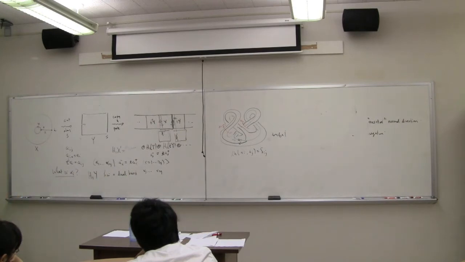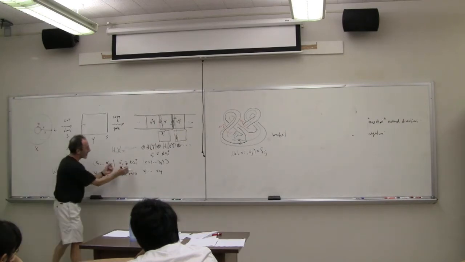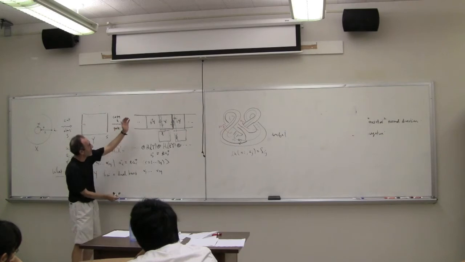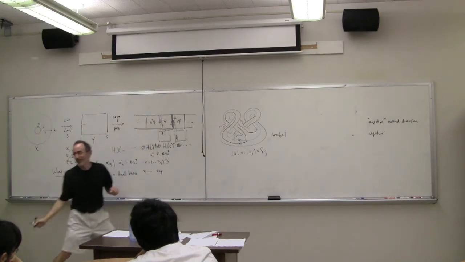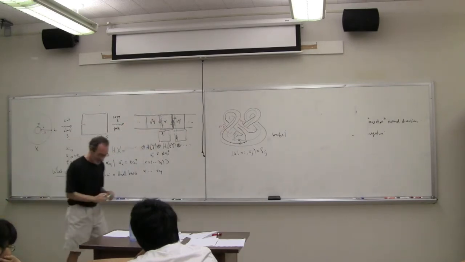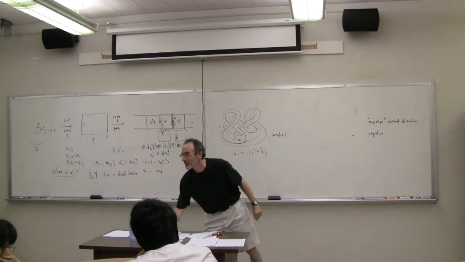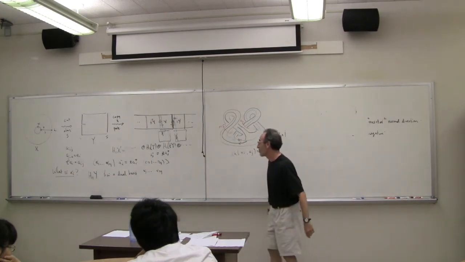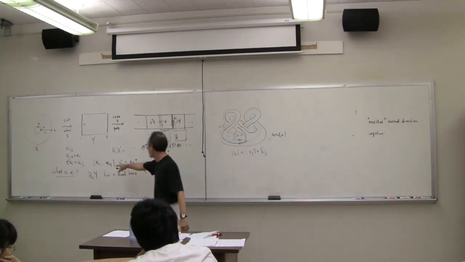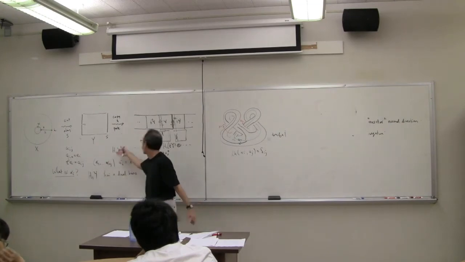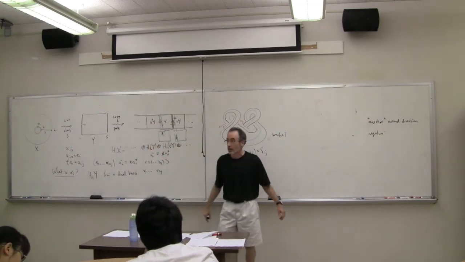Now, the amalgamation that's going on here is on words in the alpha I. The word here is being associated to a word here. In general you've got to be careful, these A1 through A2G may not generate H1.